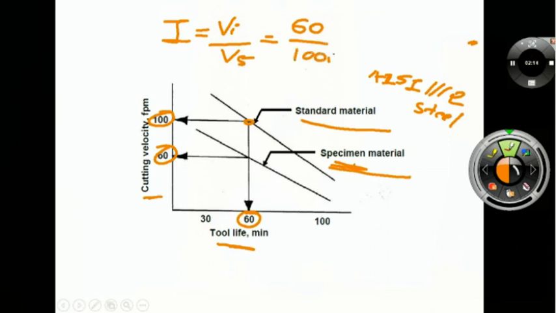So 0.6, that means 60% is the machinability of the workpiece material under investigation.